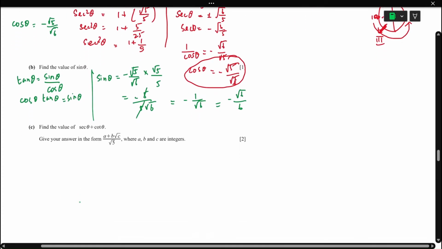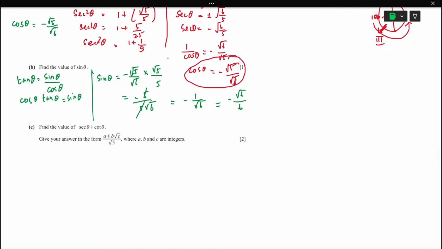Okay, so next question, find the value of secant theta plus cot theta. Secant theta we already did, which is negative. Secant theta plus cot theta equals, I can write this one, secant theta plus cot theta, which is 1 by tan theta.